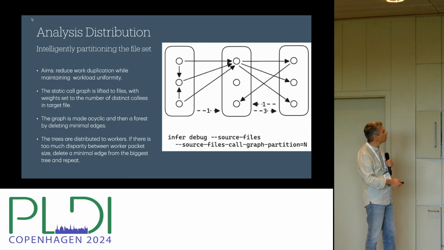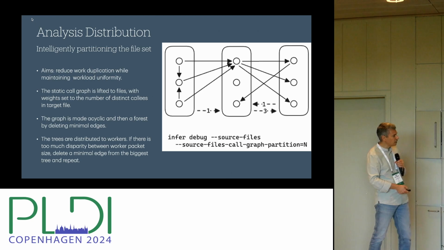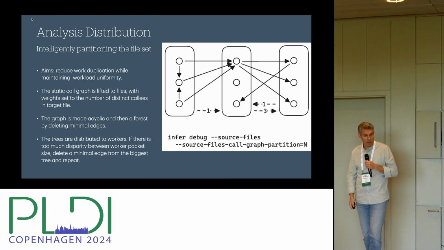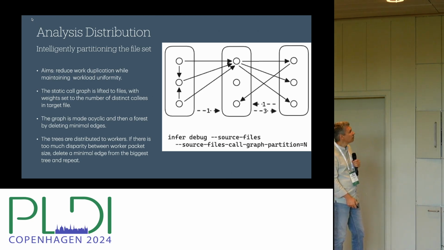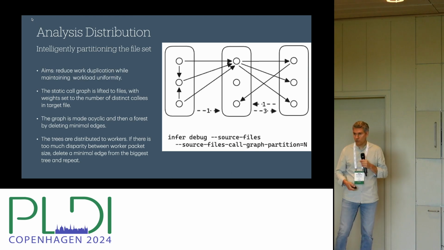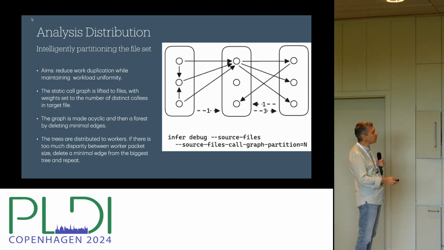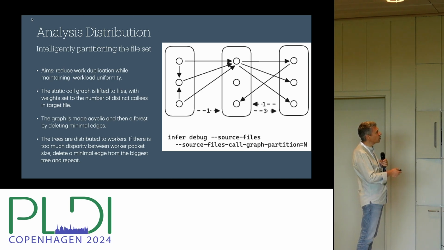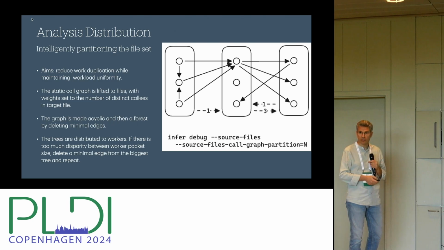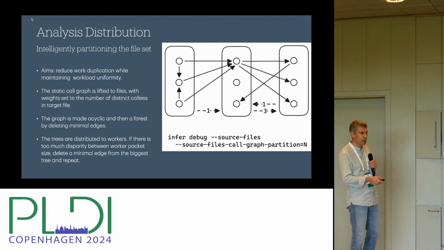So for that reason, we have added some facility that can do the partitioning in a more intelligent way to reduce the worked application. So the idea here is that we're going to go to the static call graph, right, to do this more intelligently.